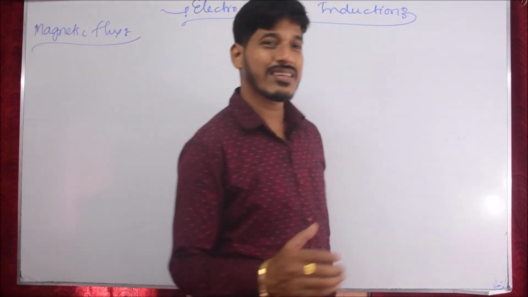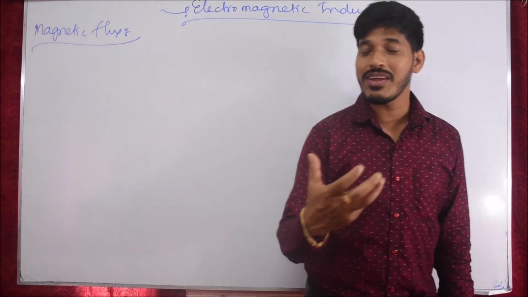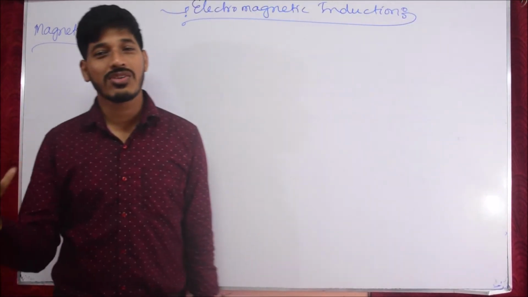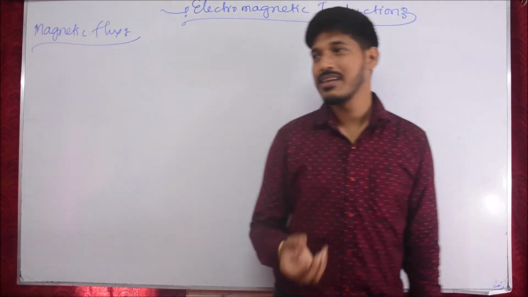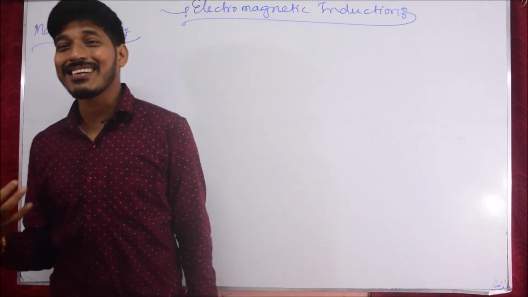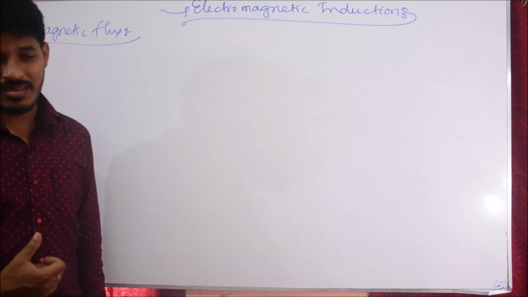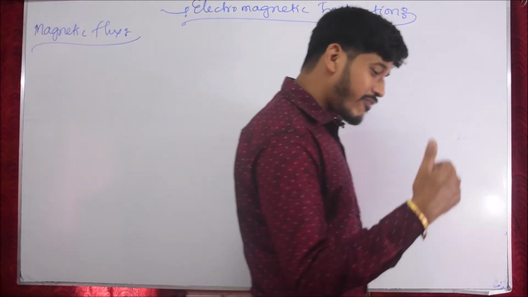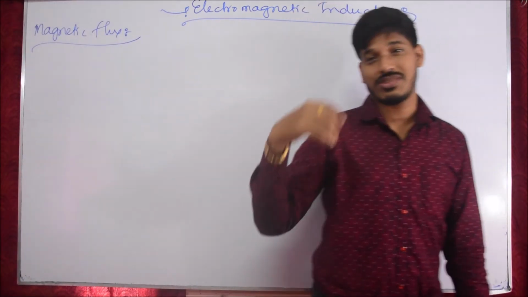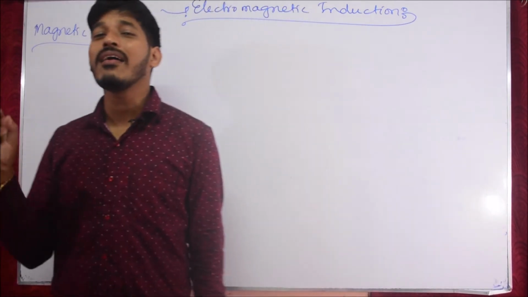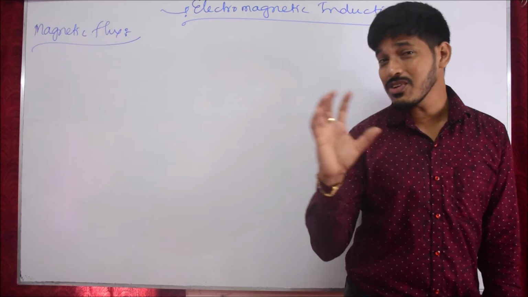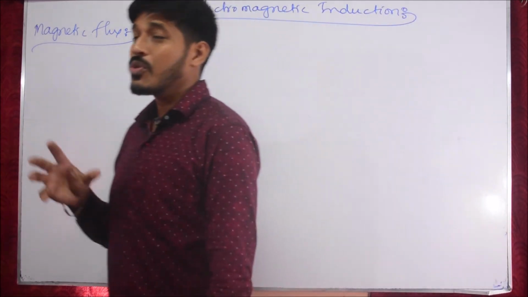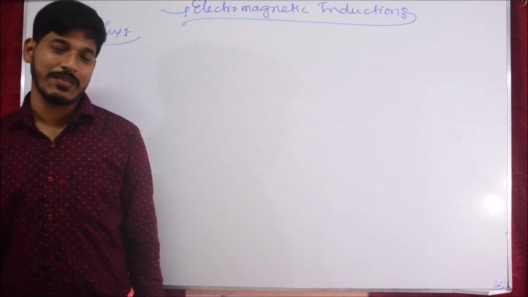Electric flux, the number of electric lines of force crossing normally through any surface. Here magnetic flux, the number of magnetic lines of force crossing normally through any surface.